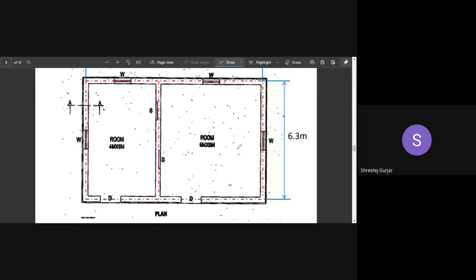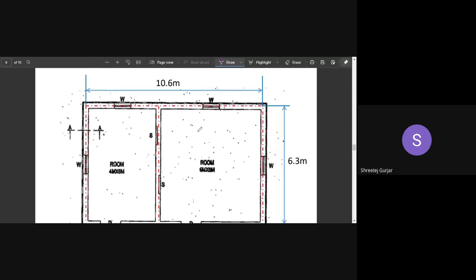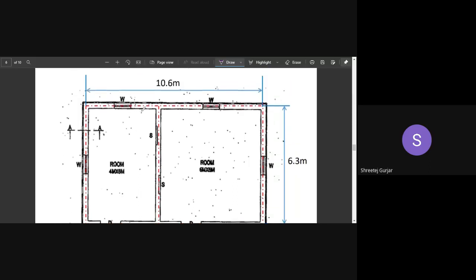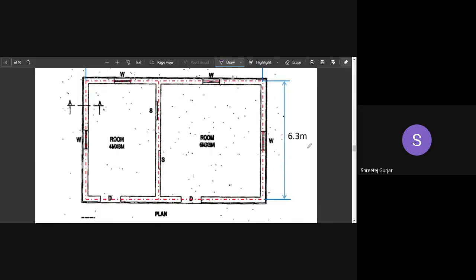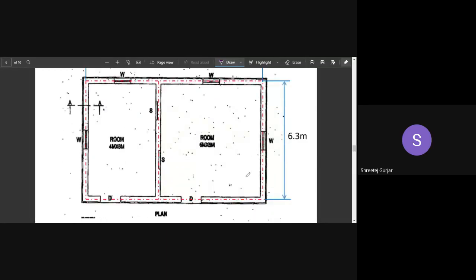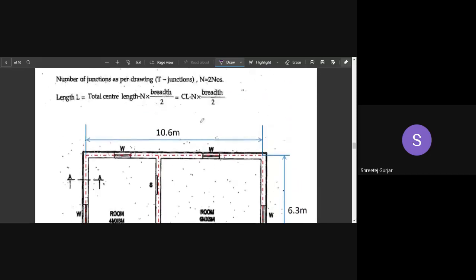How much will it be? It will be 10.6 into 2 numbers and 6.3 into 3 numbers. So 6.3 into 3 and 10.6 into 2 will give me the total centerline length of this plan. That is my first step.